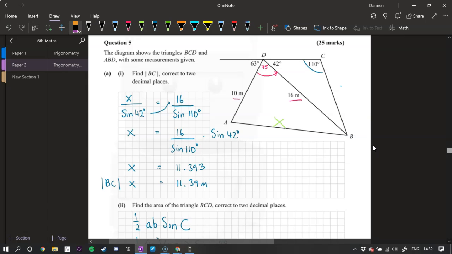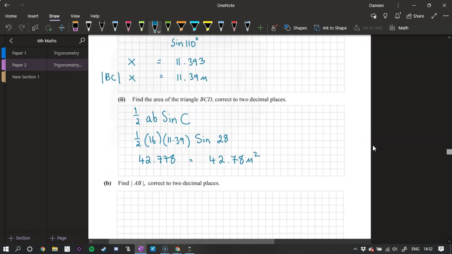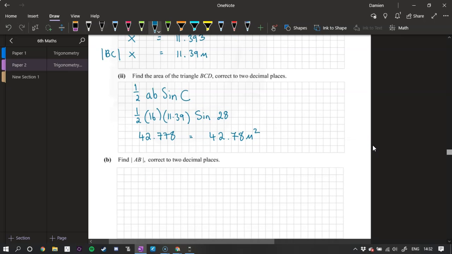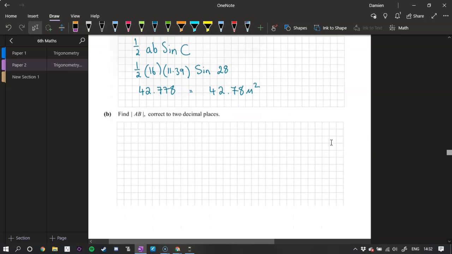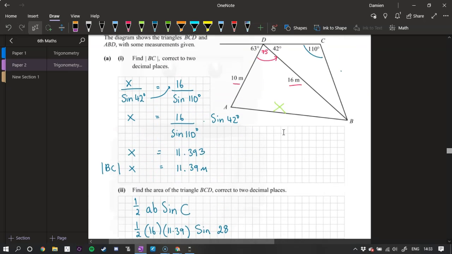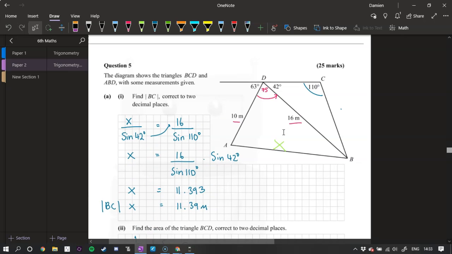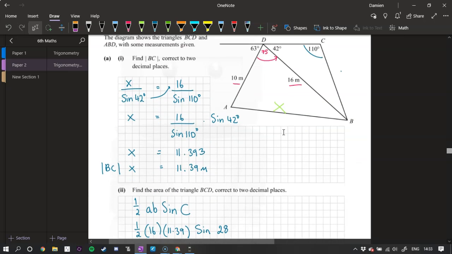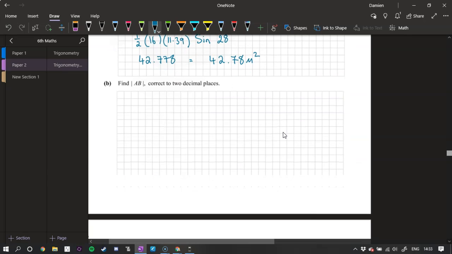If you ever have an angle with two sides on either side of the angle, so the 10 and the 16, and one side that's opposite it, it means we're going to use the cosine rule. So again, let's go down here and have a go at the cosine rule. I can't see the page here, so it's going to be 75, 10, 16, and x.